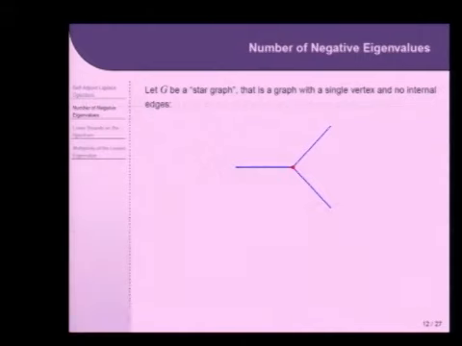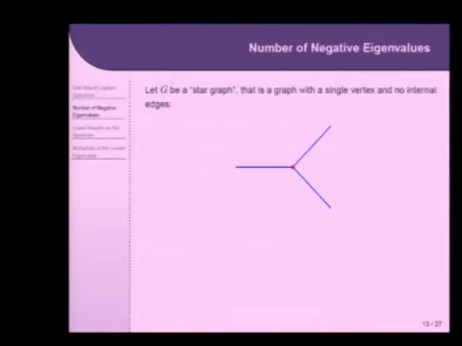So, okay. Now let's turn to the next question, the number of negative eigenvalues. First of all, let's consider the star graph. This is not the star graph as considered in the talk by Gregory, because these blue lines are infinite. This is the difference.